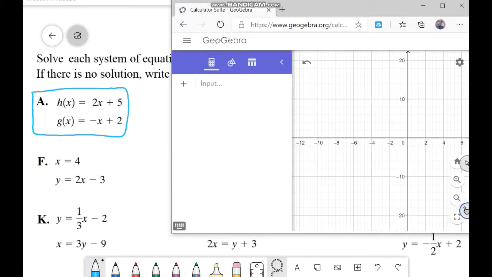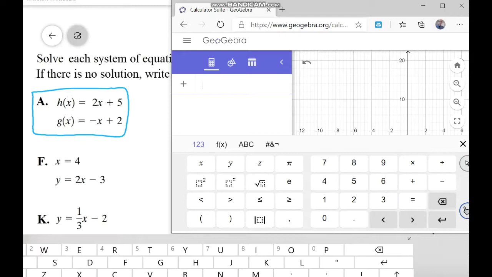calculator. And I'm suggesting you to use this online graphing calculator. GeoGebra is a free tool that you can access online. And on the first line, you type the equation. You can type h of x equals the equation, or you can type y.